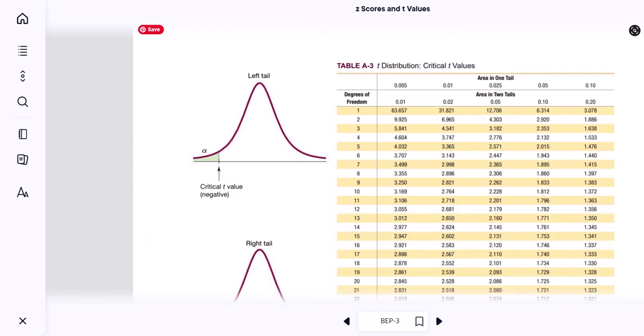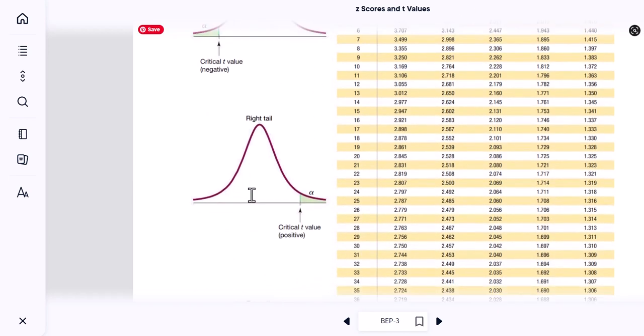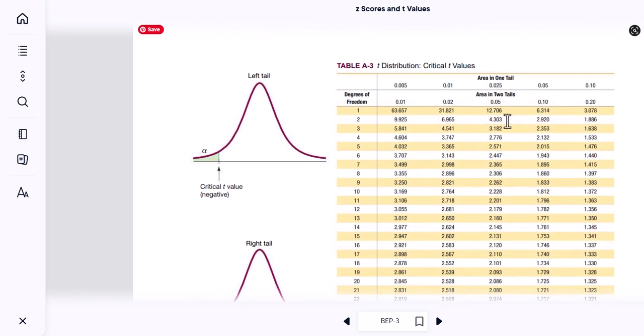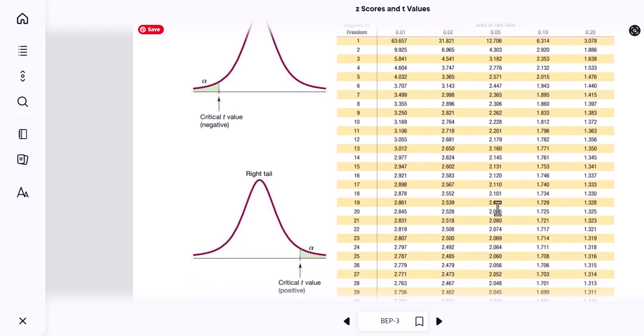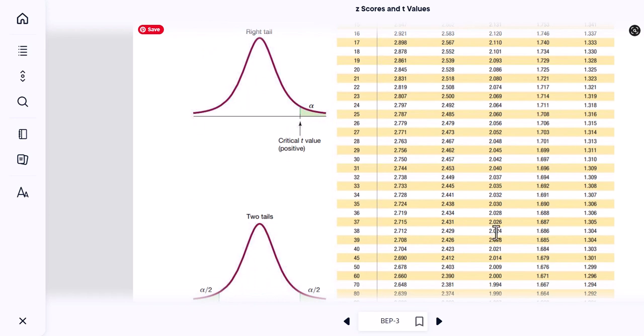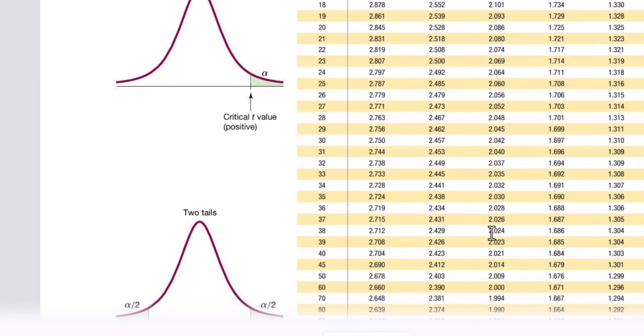So back at our table, we're either looking at one tail to the left, or we're looking at two tails. Notice that they line up anyway. 0.025 in one tail is the same as 0.05 in two tails. And so we're going to go to 38, which was over here, so 2.024.